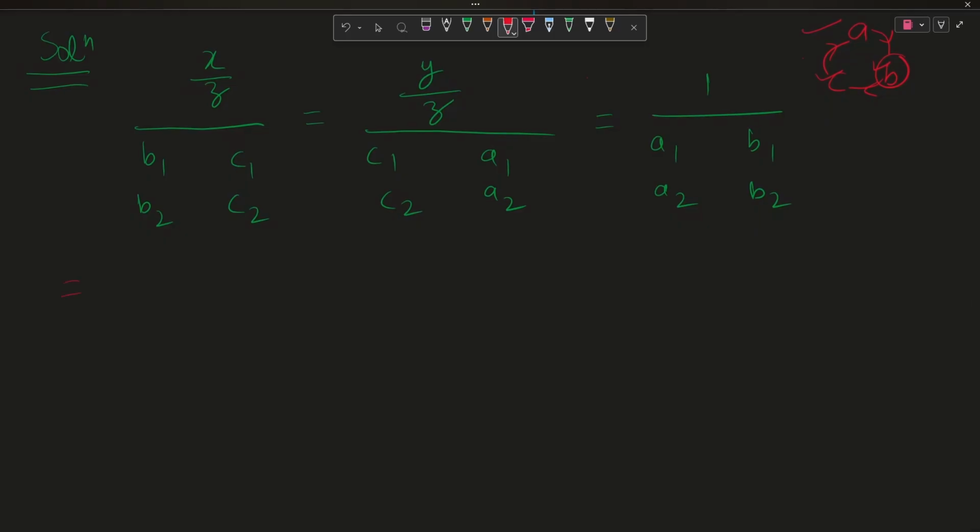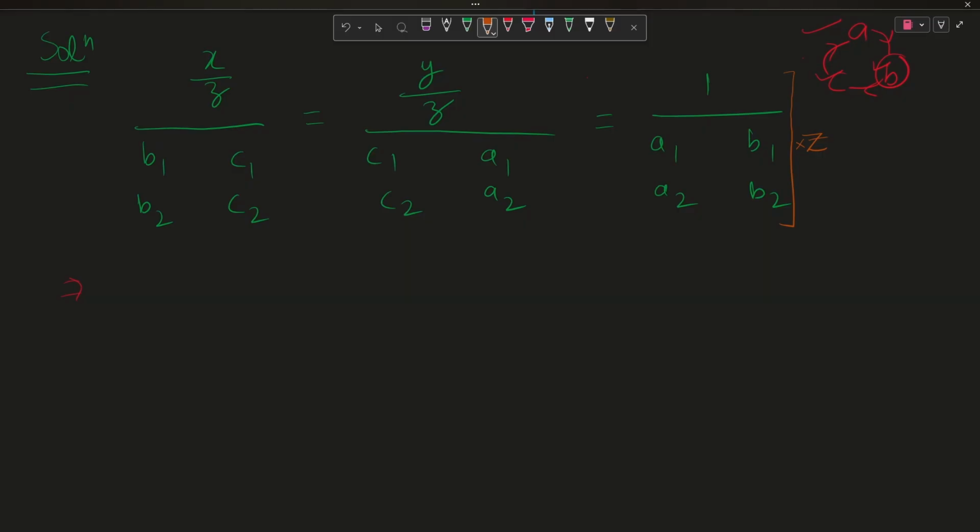Now the thing is, we have x by z and y by z, although we need the ratio between the three variables x, y, and z. So what can I do? I can multiply the whole set of equations by z.